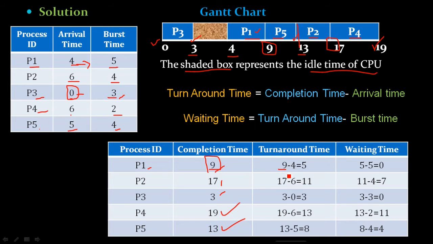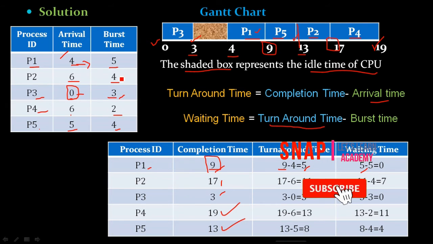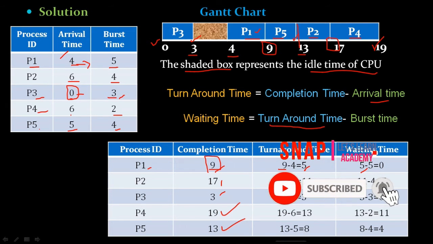So 9 minus 4 is 5. 5 is the turnaround time of P1. Now the waiting time is turnaround time minus burst time. The turnaround time is 5, and the burst time is also 5.